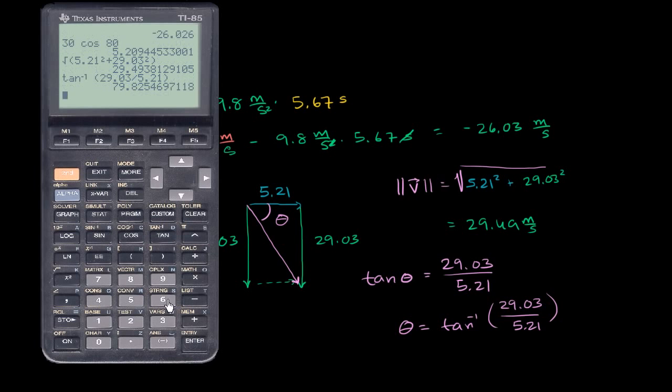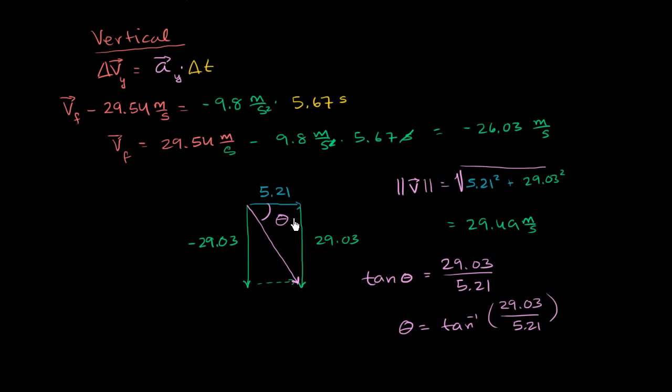And we get 79.8 degrees. But it's going to be 79.8 degrees below the horizontal. Or you could view this as an angle of negative 79.8 degrees above the horizontal. Either one of those works.